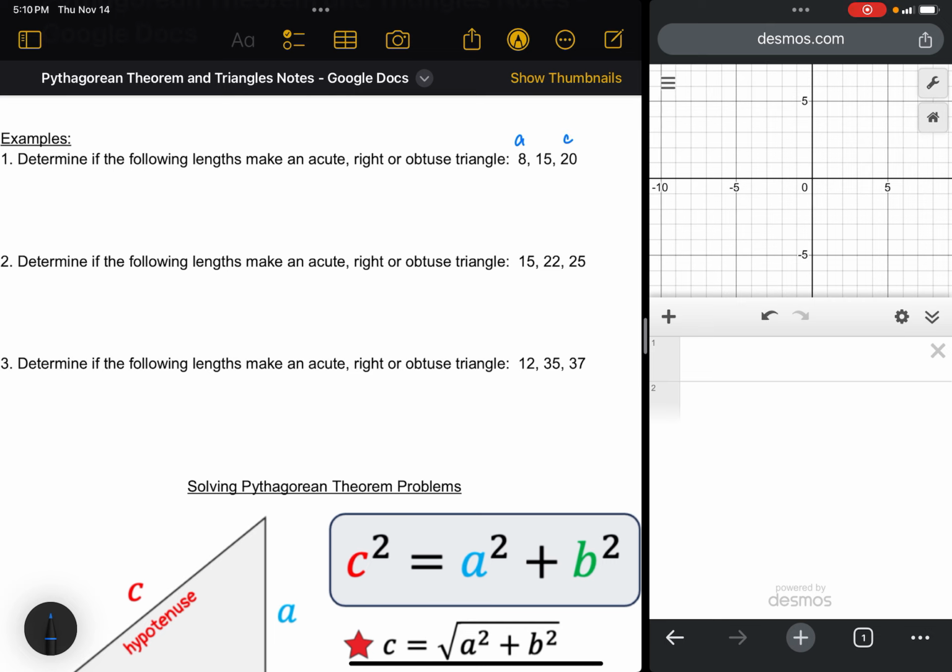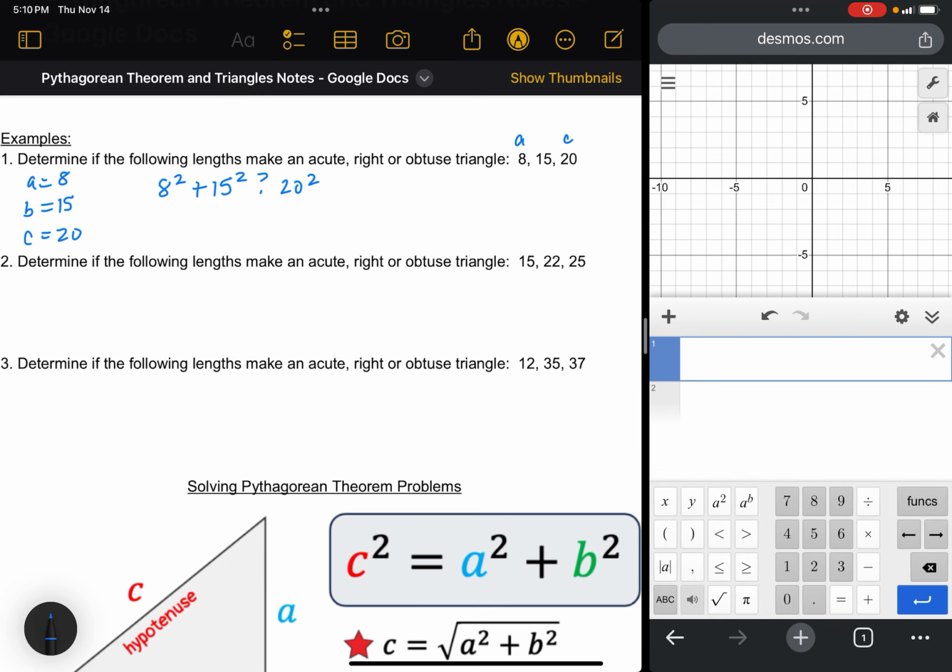So when I do this, I have A is equal to 8, B is equal to 15, C is equal to 20. Because then I have 8 squared plus 15 squared, and I don't know how that relates to 20 squared. So I'm in Desmos. I'm just going to put it all in at the same time. 8 squared plus 15 squared.